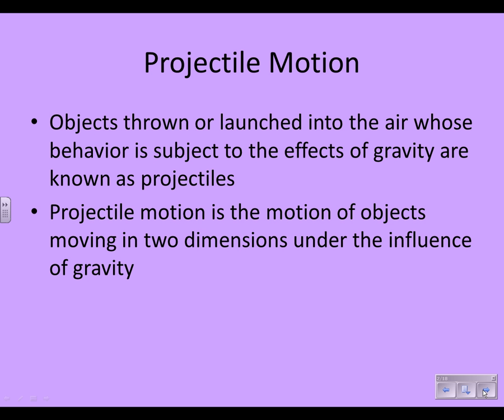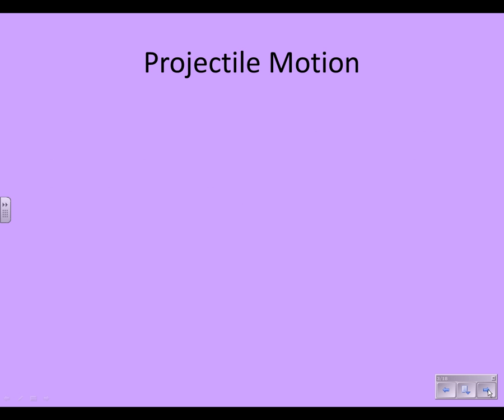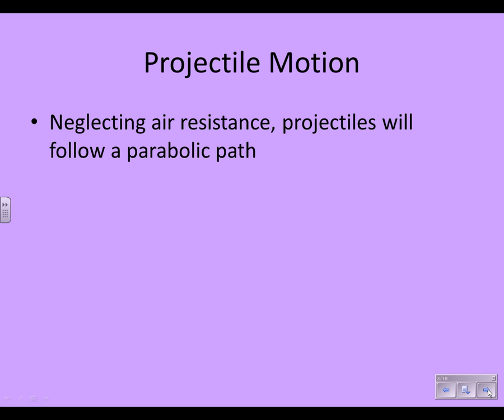As far as explaining projectile motion and relating it back to things that we've talked about before, if we neglect air resistance, projectiles are going to follow a parabolic path.